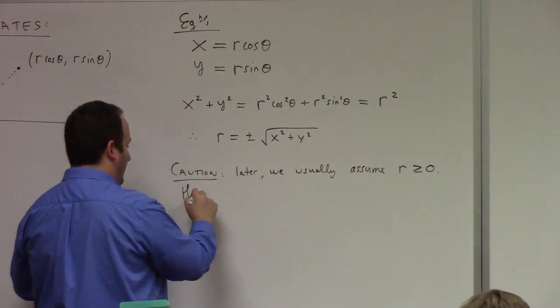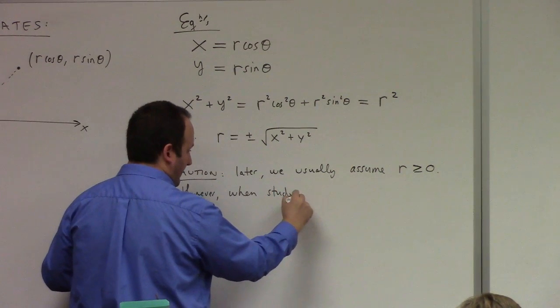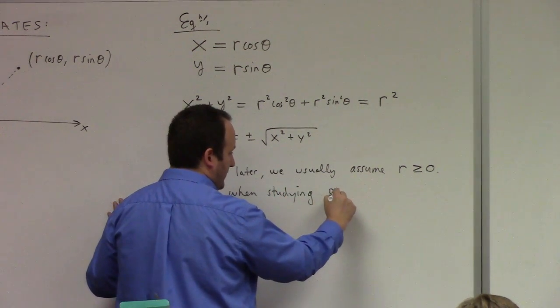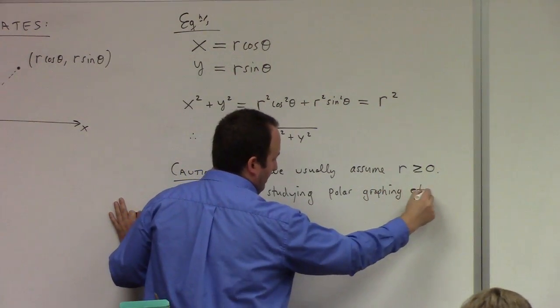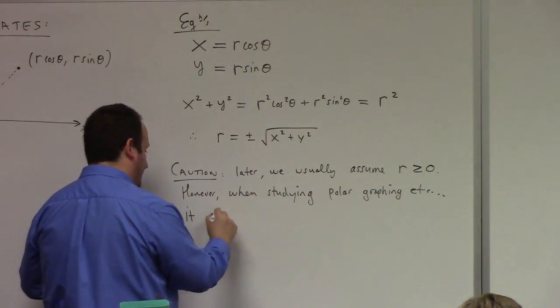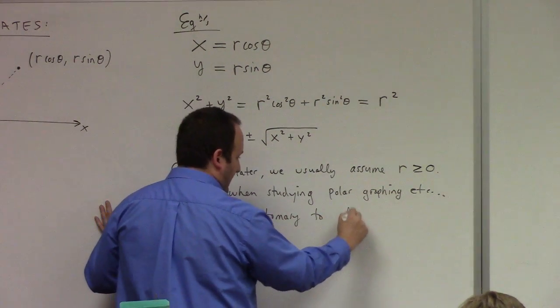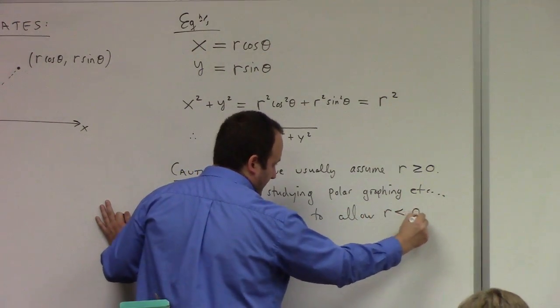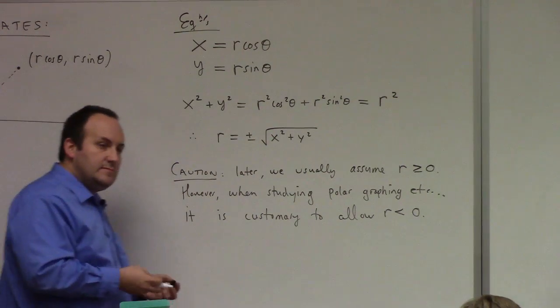However, when studying polar graphing and so forth, it is customary to allow r less than 0. I'm not a fan of it, but I can't avoid it, because it's in your book, it's in all the books, and many of the softwares that you study allow it.